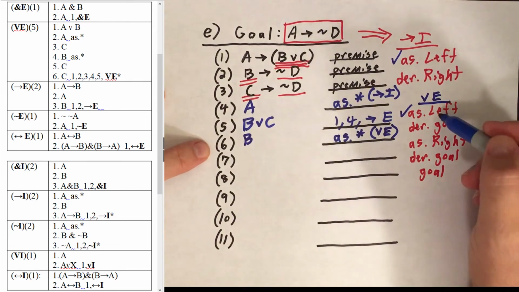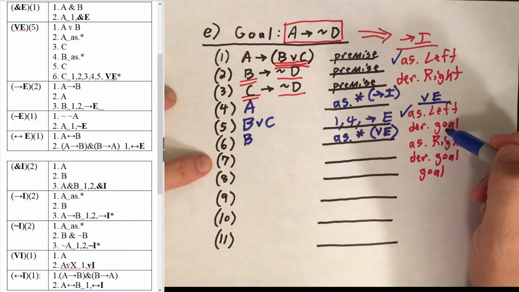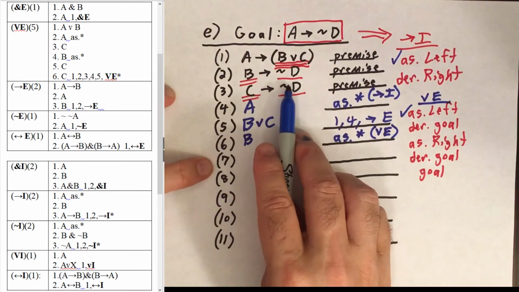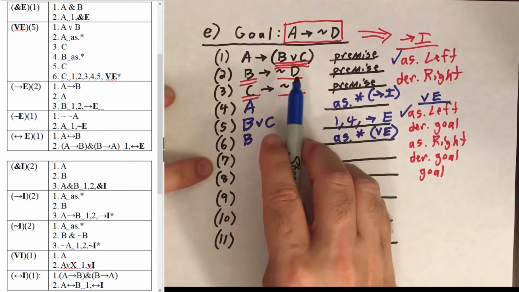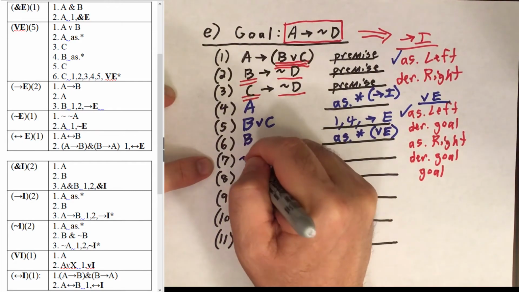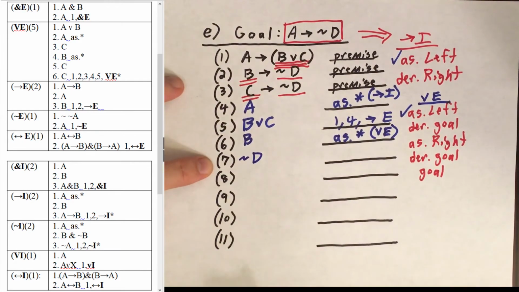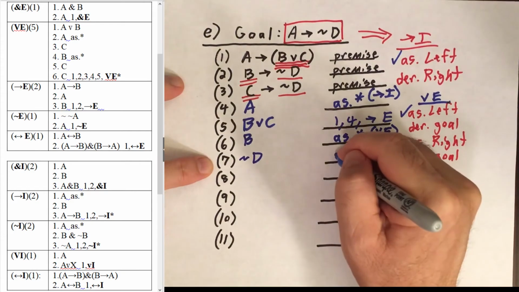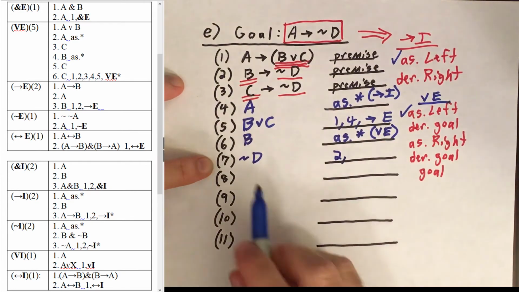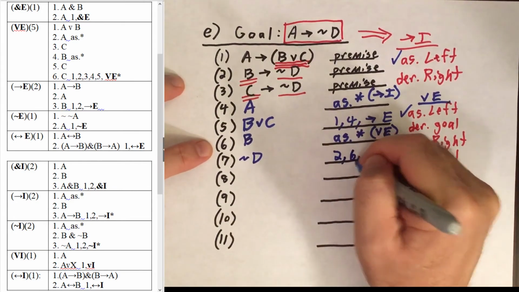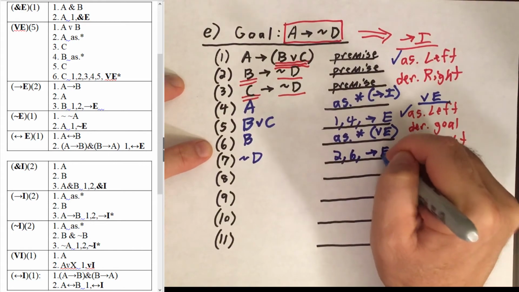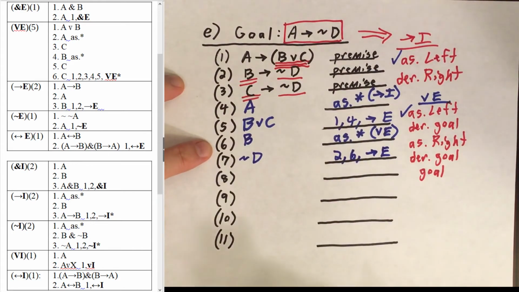So I assume the left side to derive my goal. Well, what's my subgoal? Negative D. I have B, so I can take negative D out of line 2. Do you see it? The conditional in 2, prove the left side in 6. That is a conditional elimination. Hope you're hanging in there.